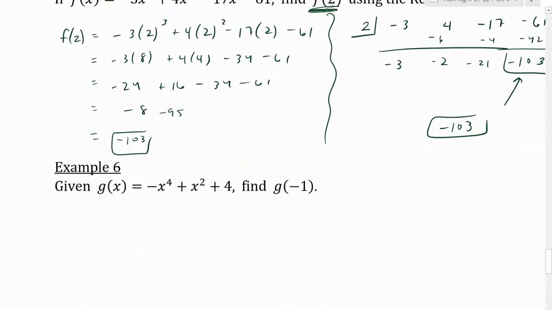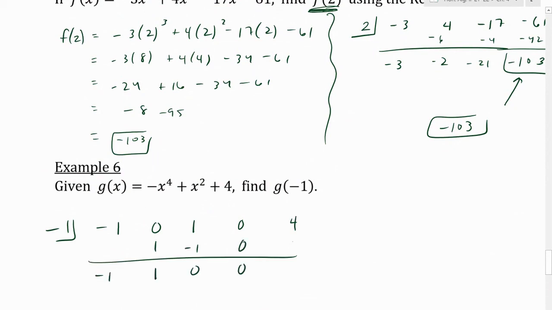If you want to evaluate it at -1, then just plug a -1 in when you do synthetic division. It's 4. Okay, check it the old way.